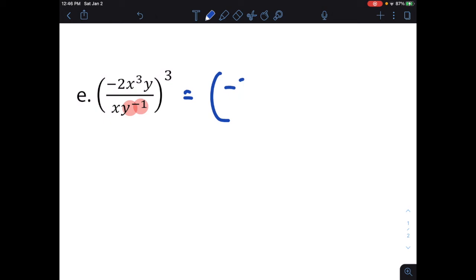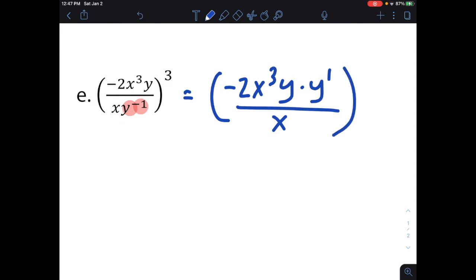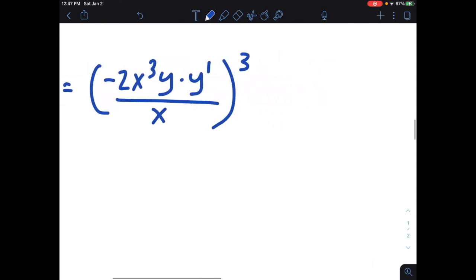So we have -2x to the 3rd y, and then we have times y to the 1, because that y to the -1 becomes positive. Okay, we're going to have an x on the bottom, or in the denominator. Okay, so now we just have some simplifying to do.